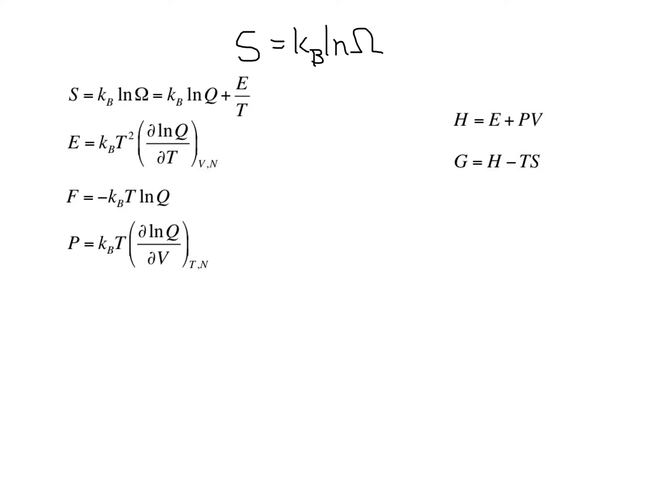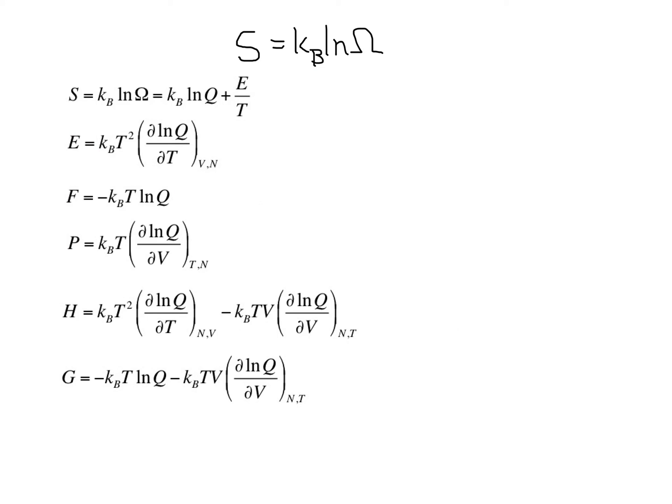Finally, substituting the internal energy and the pressure into our definition for the enthalpy, and substituting then the enthalpy and the entropy into our definition of the Gibbs free energy, we can arrive at expressions for the enthalpy and the Gibbs free energy in terms of the partition function.